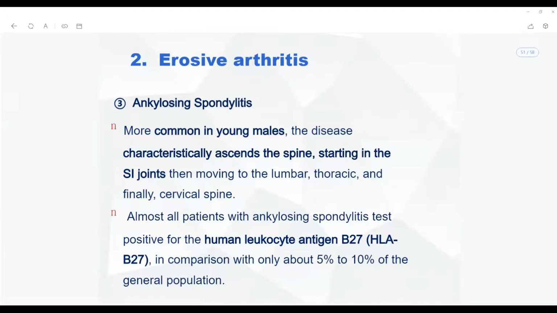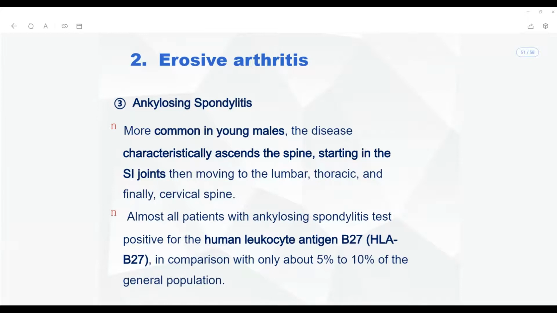Do you remember when I was talking about celiac sprue, celiac disease? I told you that celiac sprue is a condition which has the HLA-DQ2 and DQ8 problem, right? Which also forms joint problems as well as anemia.